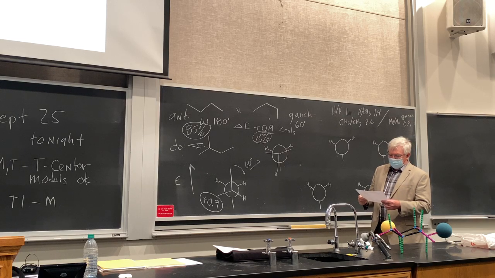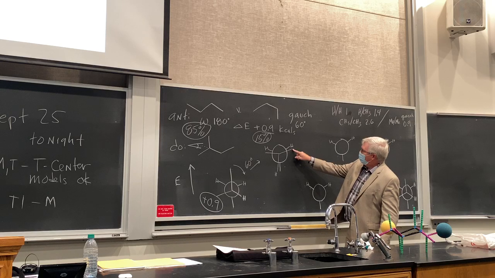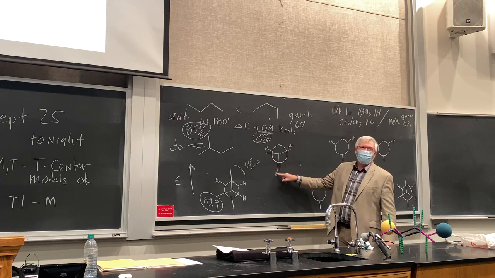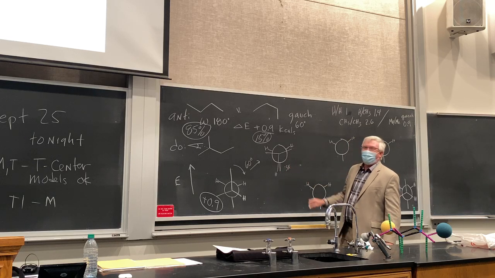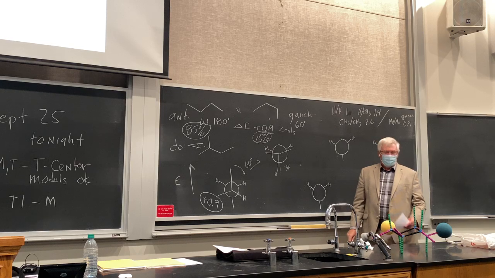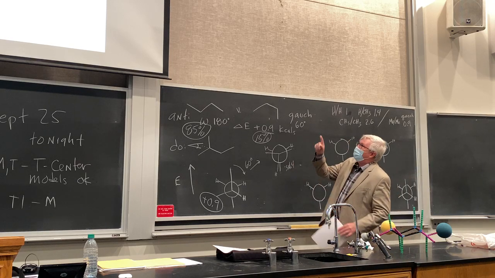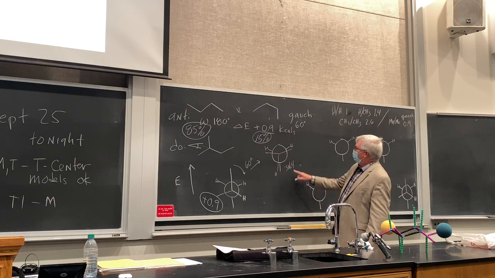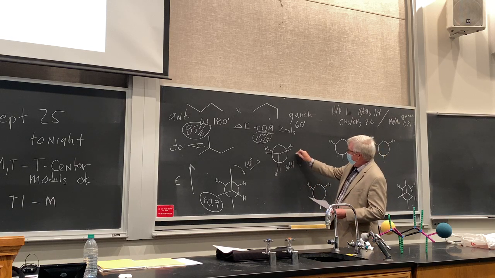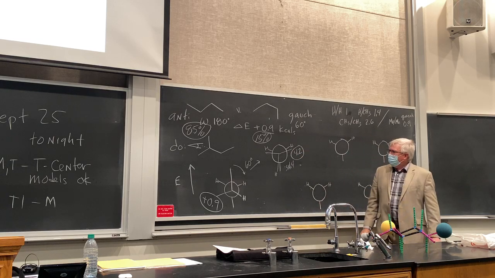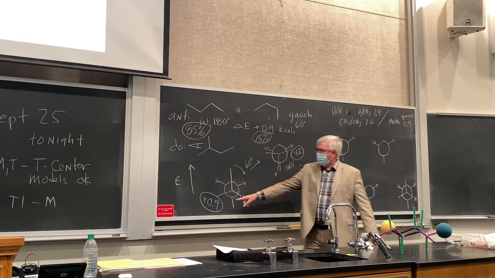We have methyl hydrogen eclipse, methyl hydrogen, and look, methyl hydrogen. So we have 3 times what here for the energy? 3 times 1.4, and that chart up there, yeah, 1.4, that's for the eclipsing. So what's the total energy here? 4.2 kcals per mole.